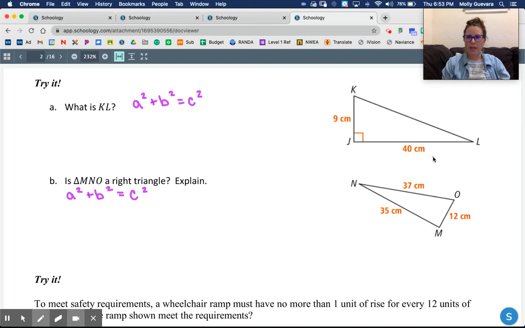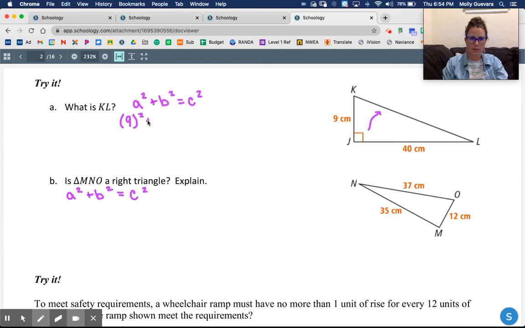Okay, so hopefully you've paused it, you've tried it, now we're coming back. Remember that whatever side is across from the 90 degrees is going to be your C. So these can be A and B interchangeably, but KL is my C. So I'm going to just plug in my values. I'm going to call A 9, but you could call A 40.